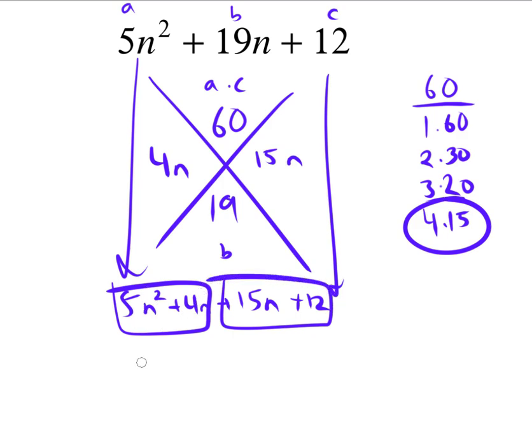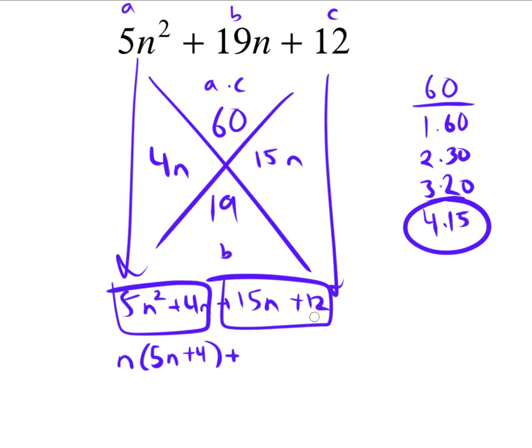The only thing I can pull out of this one is n. So I'm going to pull out n, and I get 5n plus 4, plus, in this case here, what can I pull out of here? Well, if I look at it, the factors of 12 are 1, 2, 3, 4, 6, and 12.